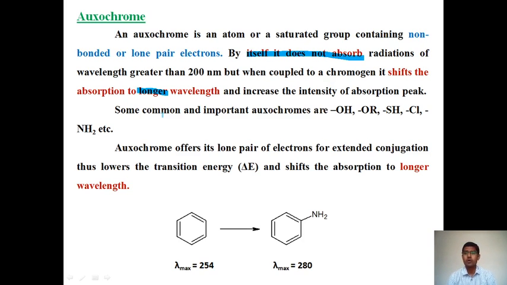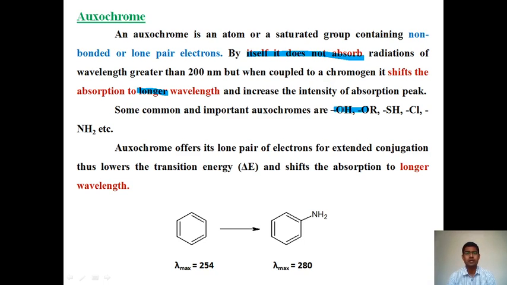Some common and important auxochromes are OH, OR, SH, Cl. Look, in all of these groups, they contain lone pair of electrons. In OH, there is a lone pair of electrons on oxygen. In OR, again there are lone pairs of electrons on oxygen.